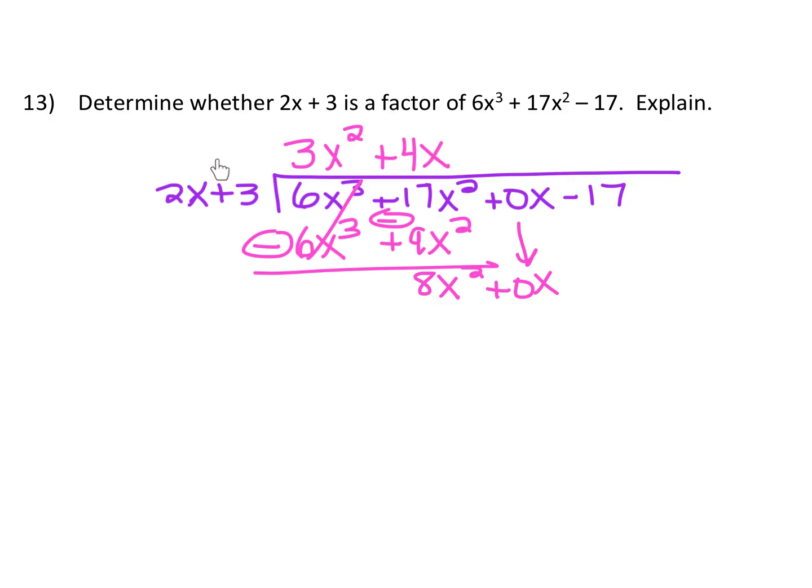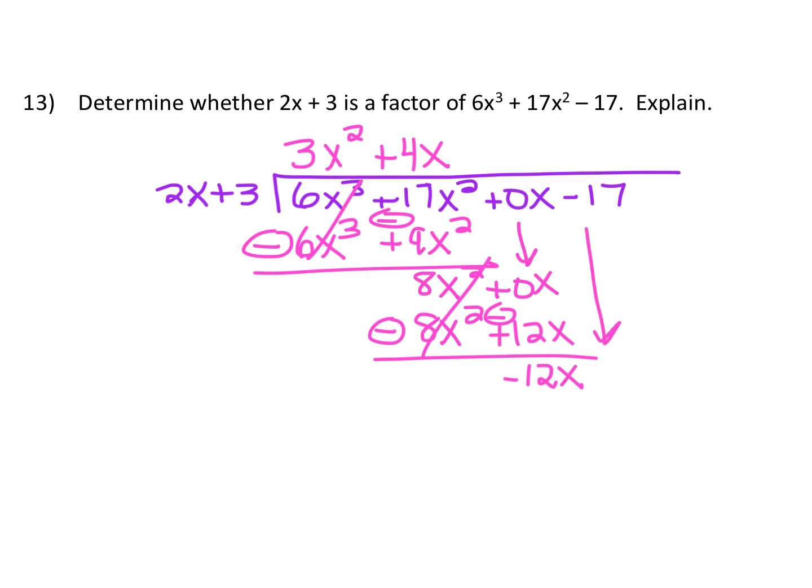So 4x times 2x is 8x squared. And 4x times 3 is 12x. And then we will change our signs to show that we are subtracting. Okay, so the first two terms cancel off, and 0x minus 12x would be negative 12x. And we're going to bring down the minus 17.